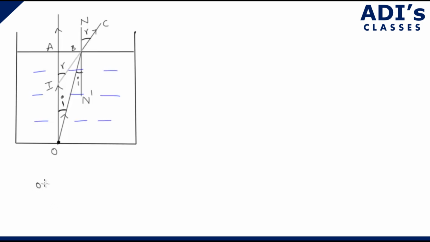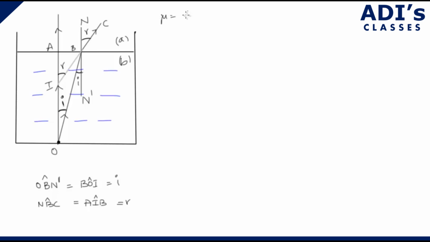So we have the angle OBN dash equal to angle BOI, which is equal to I, the incident angle, and NBC is equal to AIB, which is equal to R. Now say this is medium B and this is medium A.